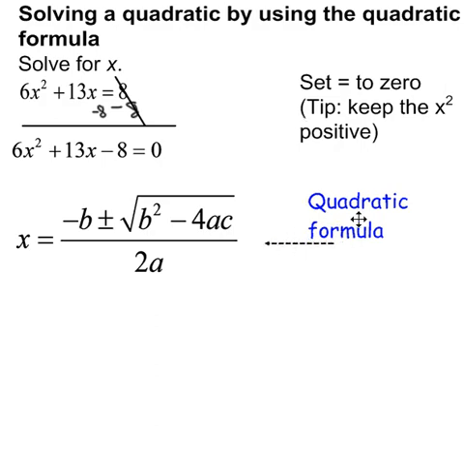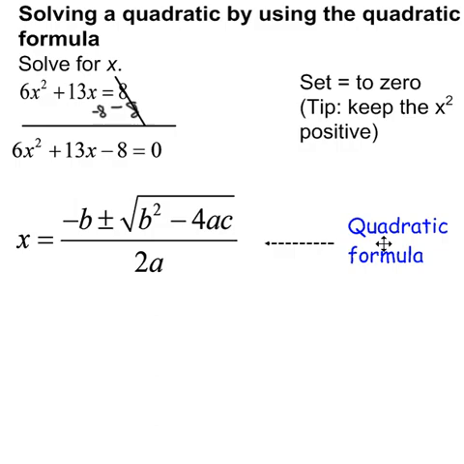So make sure you memorize that formula. The quadratic formula says that the values of x, because you're going to get 2 values for x, equal negative b plus or minus the square root of b squared minus 4ac over 2a.